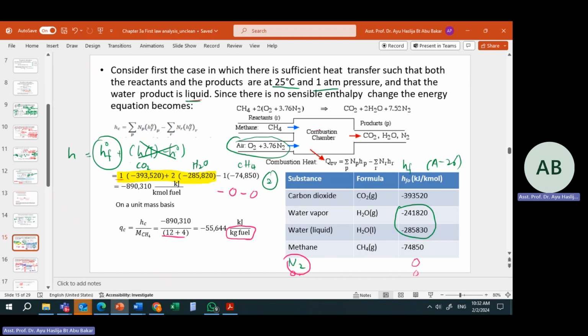The fuel supplied combusts, and the energy is because of the fuel supplied. That's why we divide per kg fuel. So it means that 1 kg of methane can produce this much energy. Negative there means exothermic. It releases the heat.